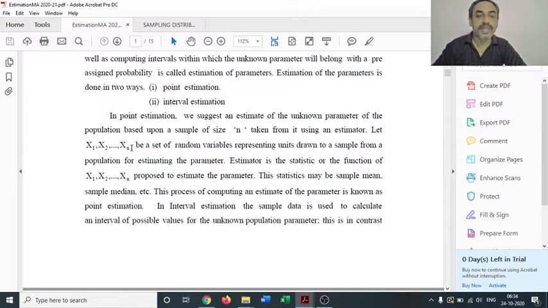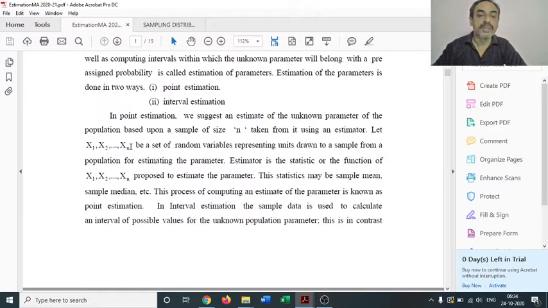An estimator is actually a statistic based upon the sample drawn from that population, which means that here we will propose a function of x1, x2, etc., xn to estimate the parameter. A statistic is a function of the sample, a measure of the sample. Suppose we propose the sample mean as an estimator of the population mean.